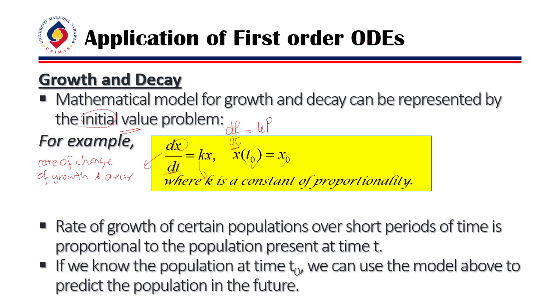Then we go to point number 2 here, rate of growth of a certain population. Here you focus on population. The rate of growth for a certain population over short periods of time is proportional to the population present at time t. That means when the population increases, of course the rate of growth is increased.